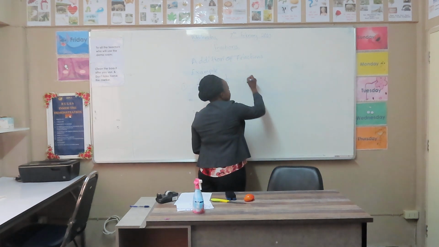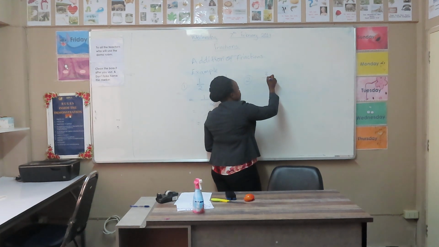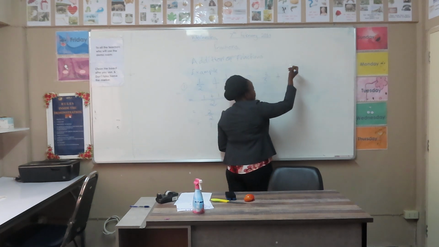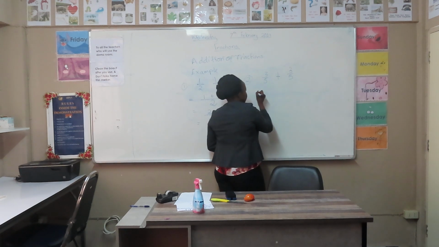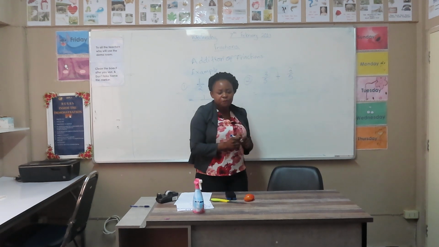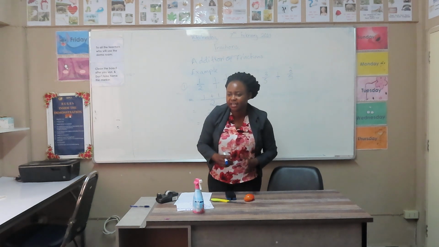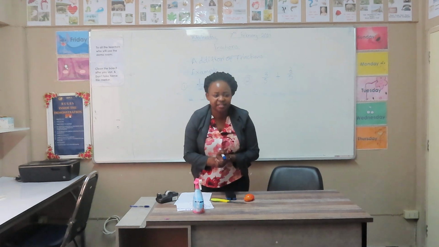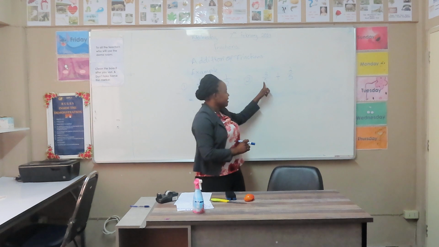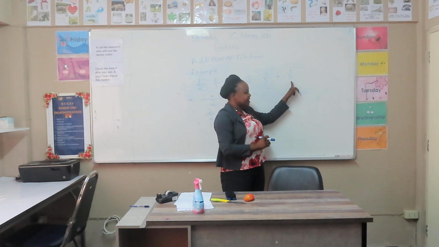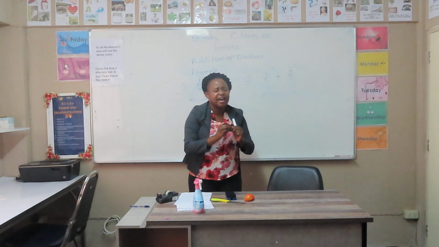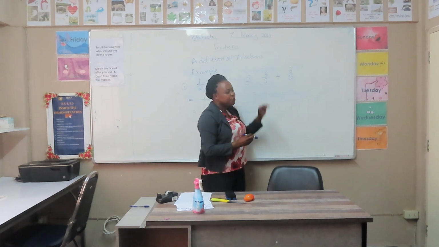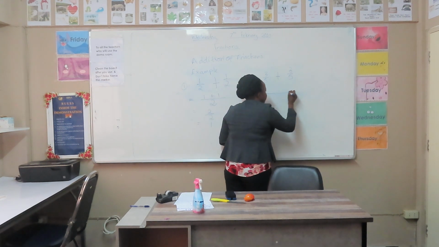Example 2. Given 3/5 plus 3/5. First of all, look at your denominator. Tell me the common denominator. 5. The common denominator is 5. So the moment the denominators are the same, you bring the denominator down.